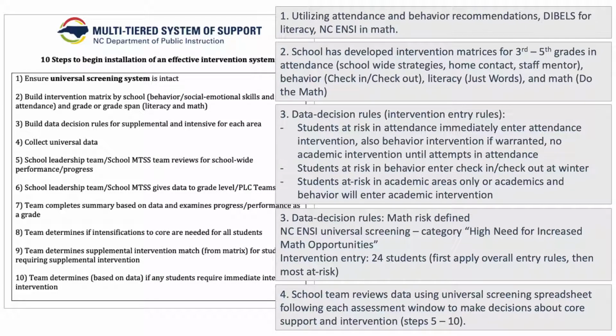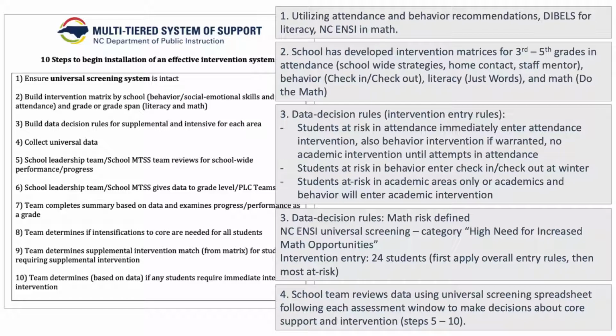But these students who are at risk in attendance will not enter an academic intervention until attempts in attendance intervention are made. Students who are at risk in behavior will enter that check-in and check-out during the winter, and then students who are at risk in academic areas only, or academic areas and behavior, will enter academic intervention as long as they're not at risk in attendance. We'll come back and revisit that decision a little bit later.